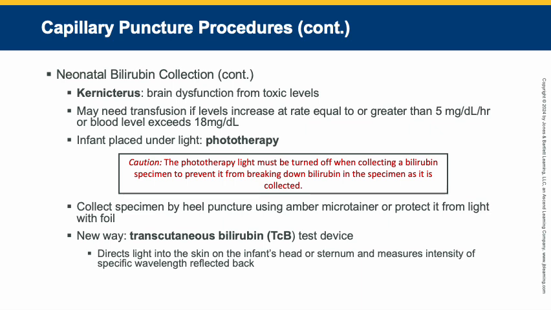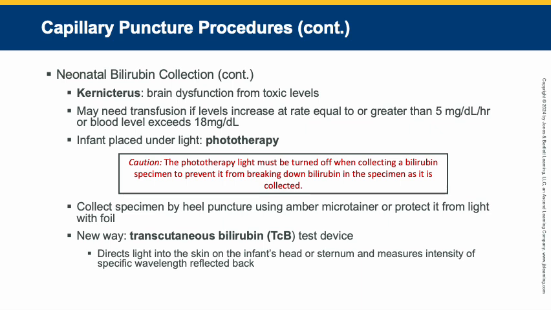If the physiological jaundice is excessive or the cause is pathological, bilirubin can reach toxic levels in the blood. Because bilirubin can cross the blood-brain barrier in infants, toxic levels can cause permanent brain damage or even death. Brain dysfunction caused by toxic levels of bilirubin is called kernicterus.